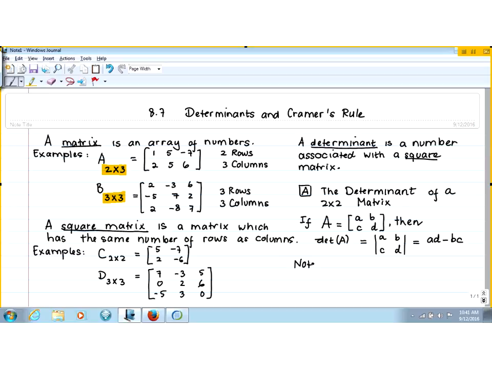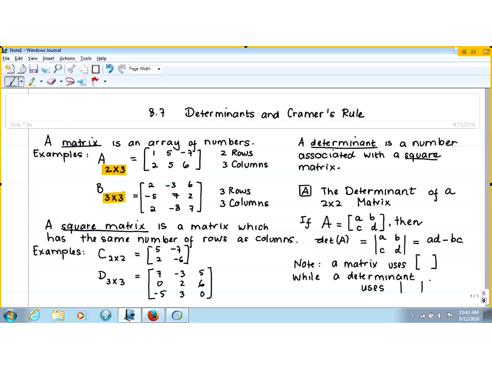Note: matrix uses this symbol, while determinant uses this symbol.